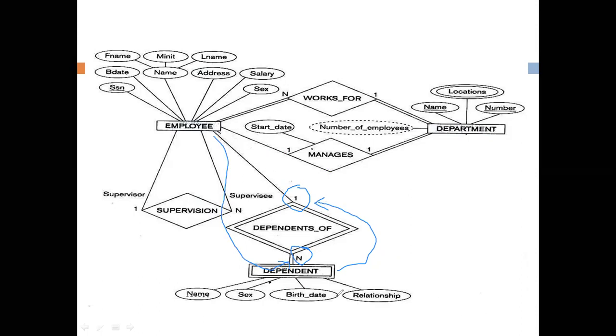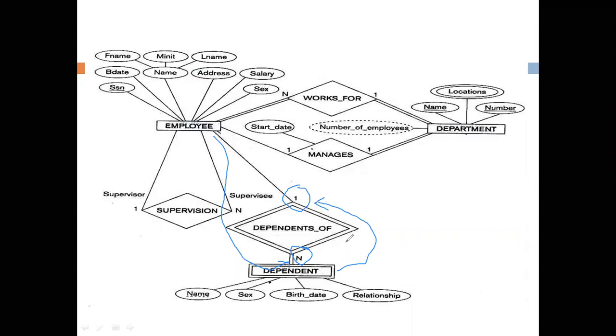Since this is a weak entity type, it is written in the double rectangle, and this relationship is also mentioned as an identifying relationship.